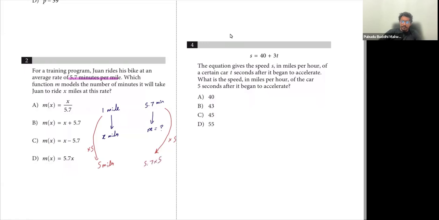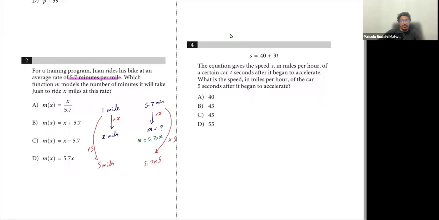So same thing. Here, instead of 5, we should multiply by x to get x miles. So multiply 5.7 by x. Hence, m equals 5.7 times x.